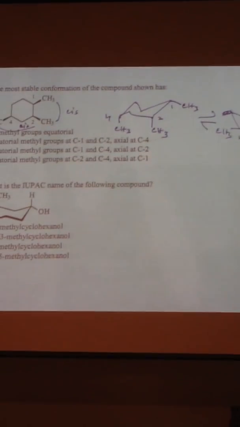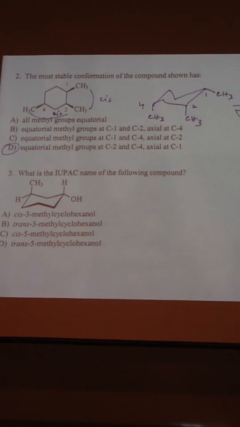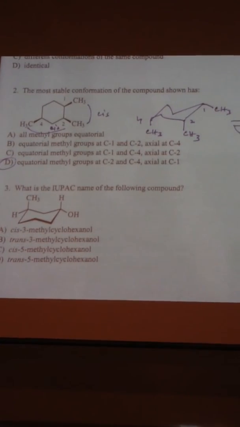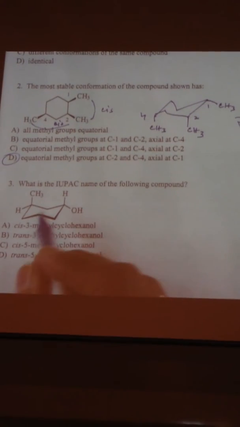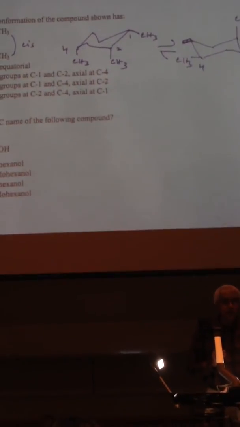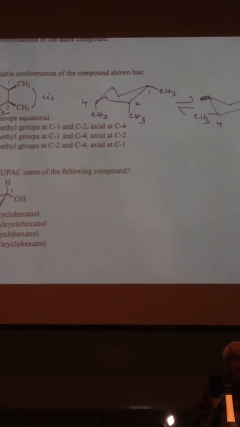What is the IUPAC name of the following compound? The IUPAC name, again, cis and trans is based on that relationship. So in this case, this is going to be the cyclohexanol, and then you decide what the 3rd position group is. The 3 position has a methyl, and the relationship again, 1 axial, 1 equatorial, there must be trans, right?